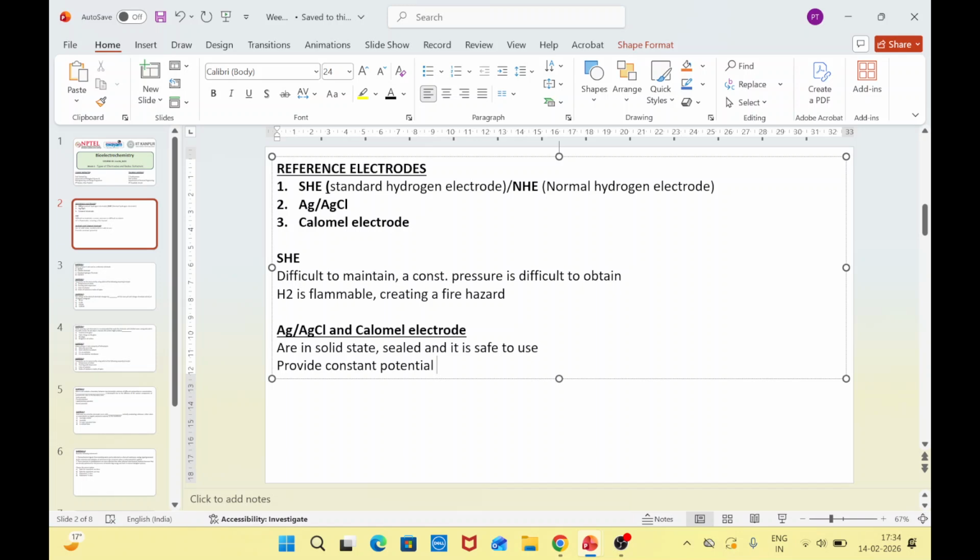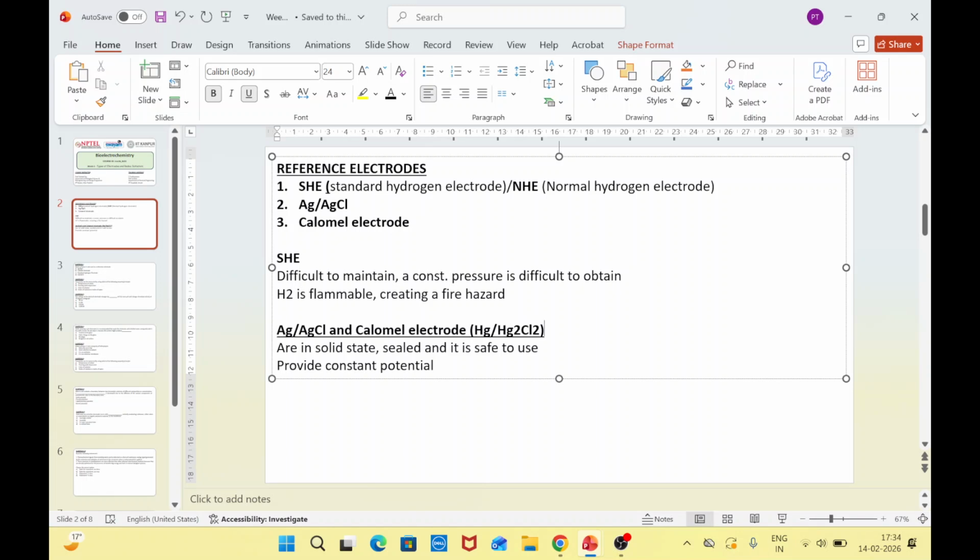Yes, calomel electrode. So its chemical composition is Hg Hg2Cl2.